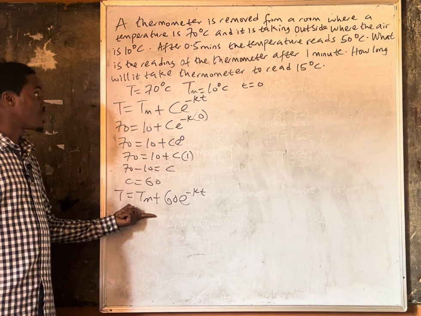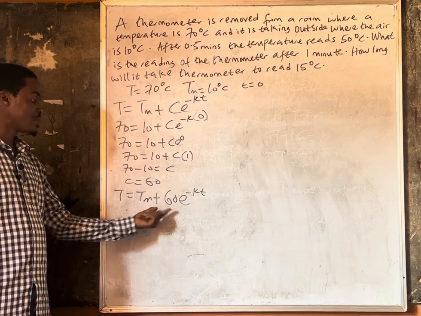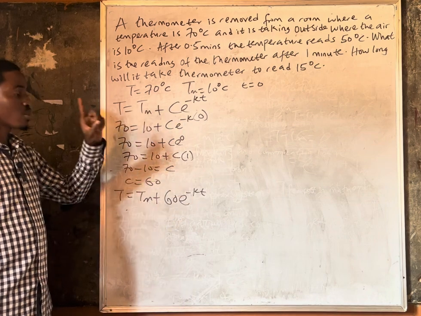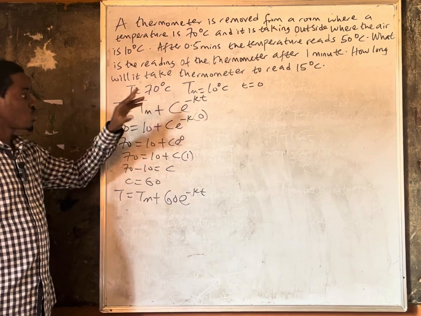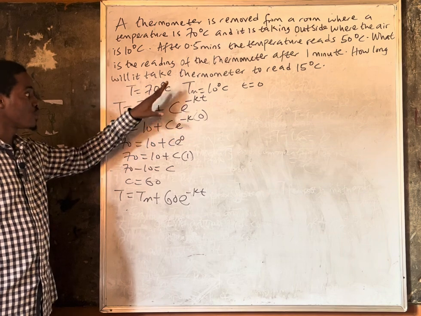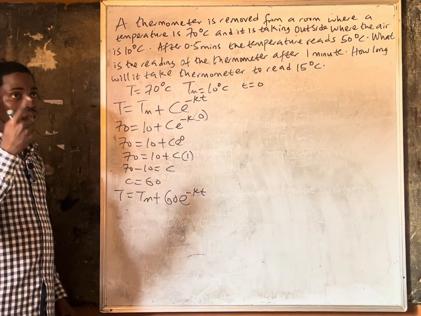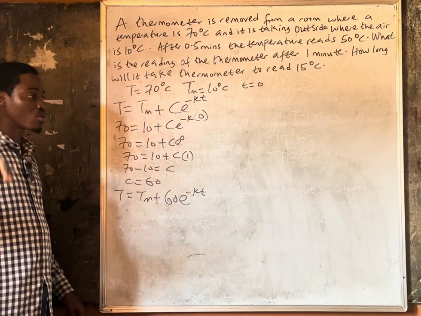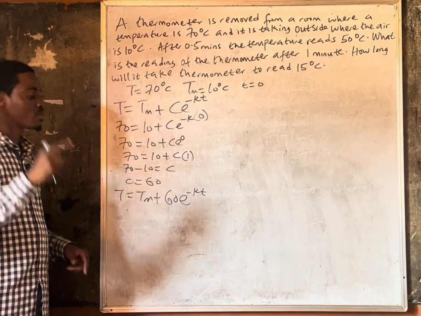We are going to use the temperature of the surrounding, 10 degrees Celsius, to solve all the questions under this, because the environment at that moment is the only one we have. It is not going to another environment. It is just like at that moment it happened.